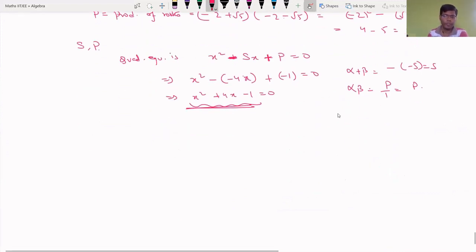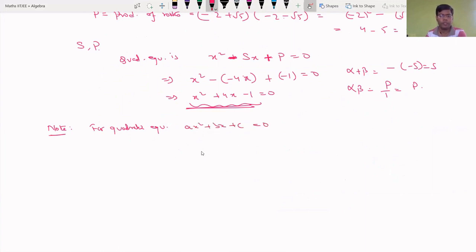So with this note, let's write down this also. For quadratic equation ax square plus bx plus c is equal to 0, sum of roots is s is equal to minus b by a, and product of roots, which is p, is c by a.